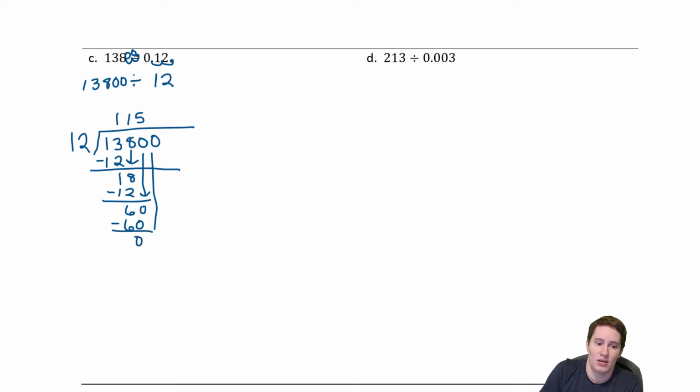And then 12 goes into 0 0 times. So our answer here is 1,150. I have a habit, you may have noticed, of not always putting the commas where they go. Decimals are super important to put if you need a decimal, but commas not so much.